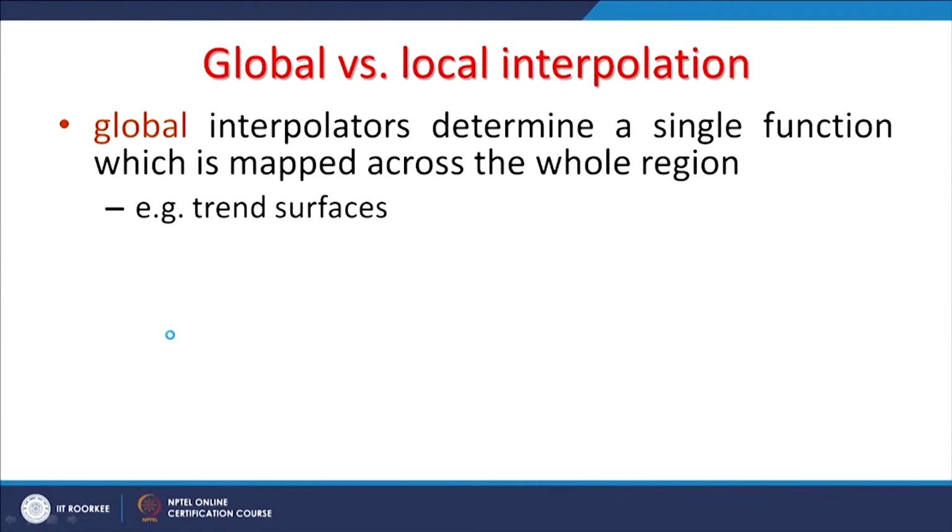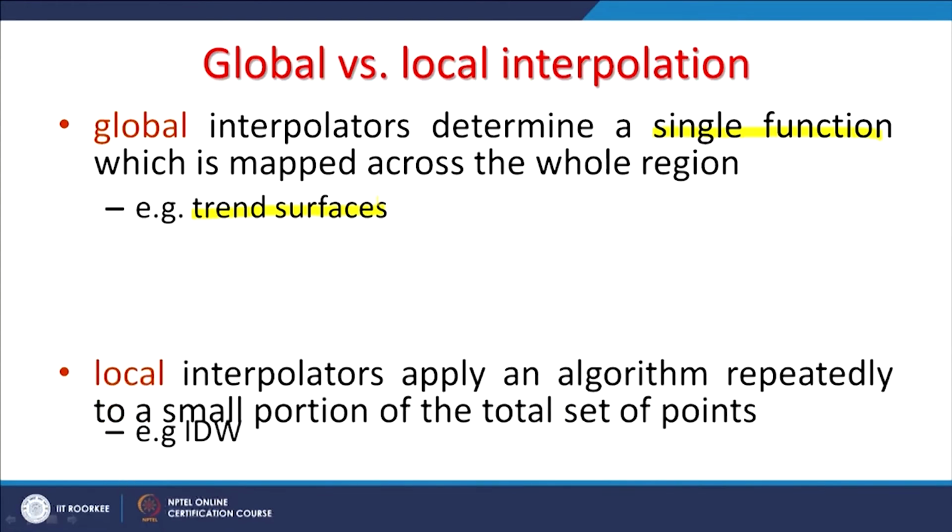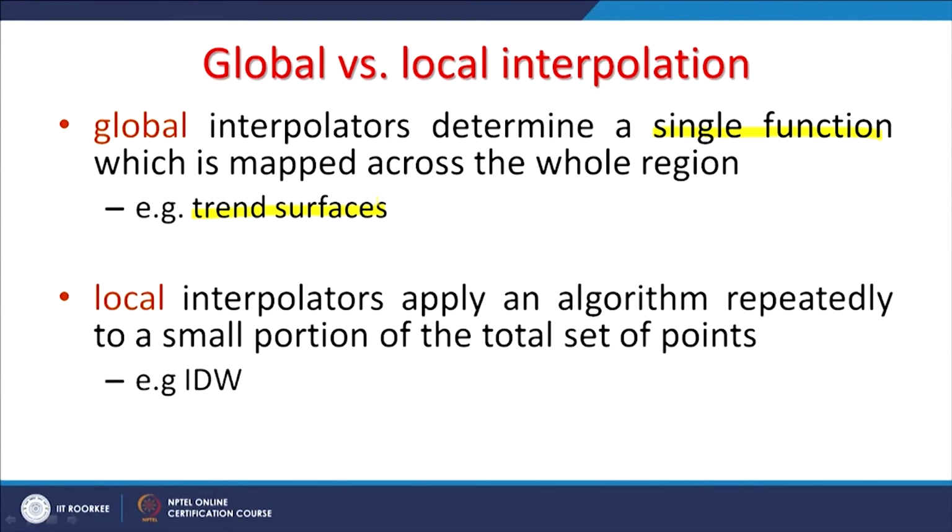Global interpolators basically determine a single function which is mapped across the whole region, and the best example is trend surfaces, which is one type of interpolation technique. Whereas in the case of local, the algorithm is applied repeatedly to a small portion, not the whole region, and only selected sets of points are used. The best example is IDW, which stands for Inverse Distance Weighting interpolation, a very popular interpolation technique.